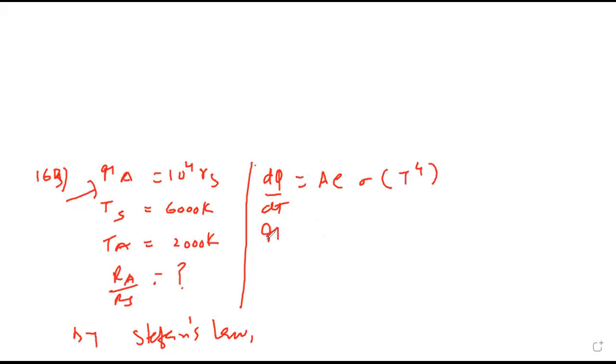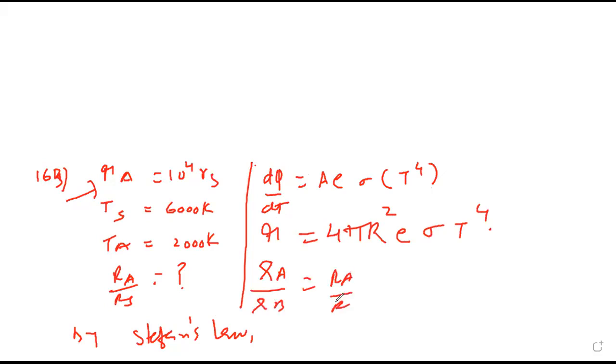So this is 4 pi capital R square E sigma T raised to 4. So the ratio of radiation is capital R A upon capital R B square, E is 1 for both, sigma cancels, T of A upon T of B raised to 4.